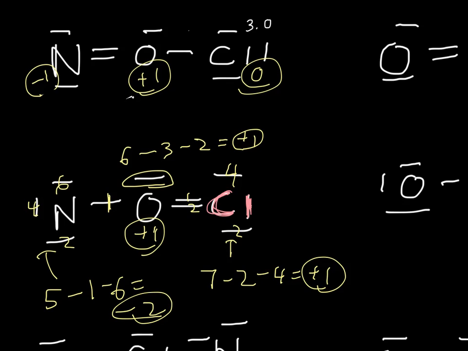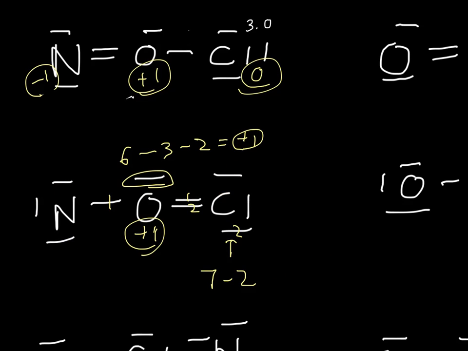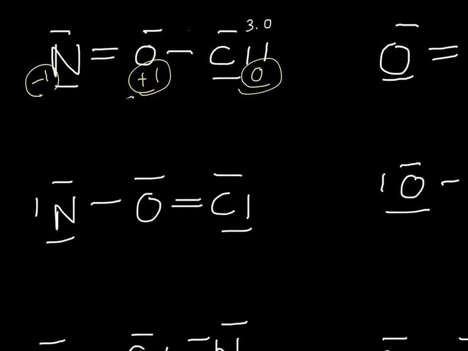So we've got -2, +1, and +1, which all add up to 0, but look at the magnitude.